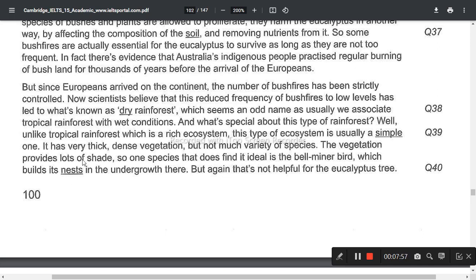The vegetation provides lots of shade, so one species that does find it ideal is the bell miner bird, which builds its nests in the undergrowth there, but again that is not helpful for the eucalyptus tree.